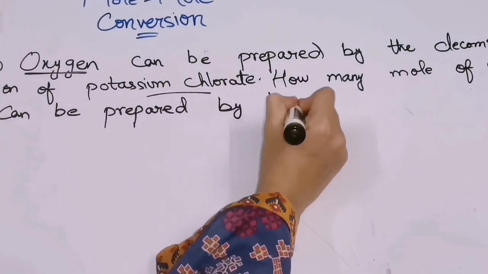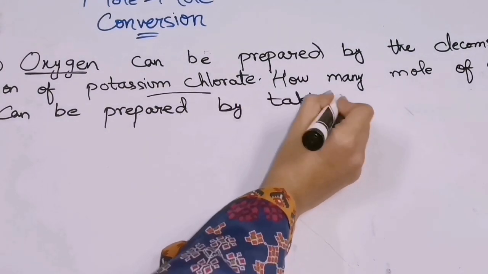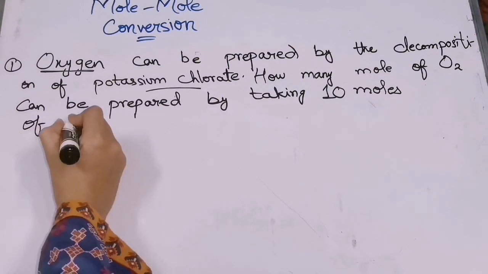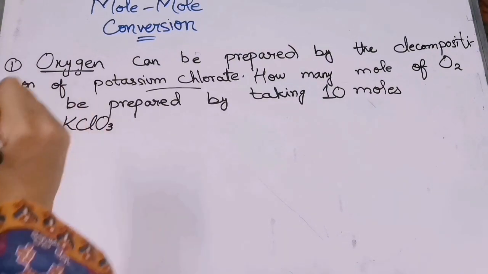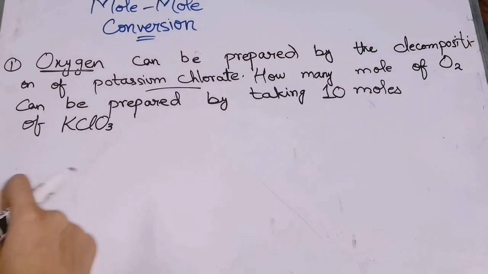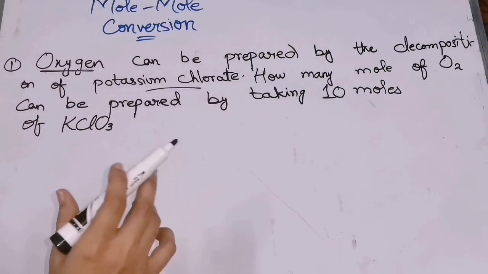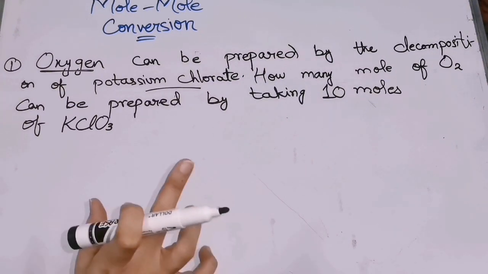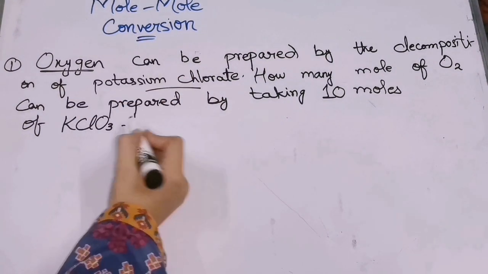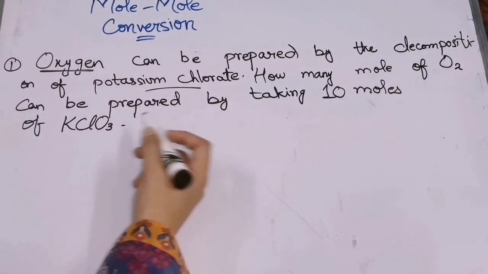by taking 10 moles of KClO3, potassium chlorate. Now let us see the reaction. Remember that the equation that we write should be balanced because it is important for the further solution.